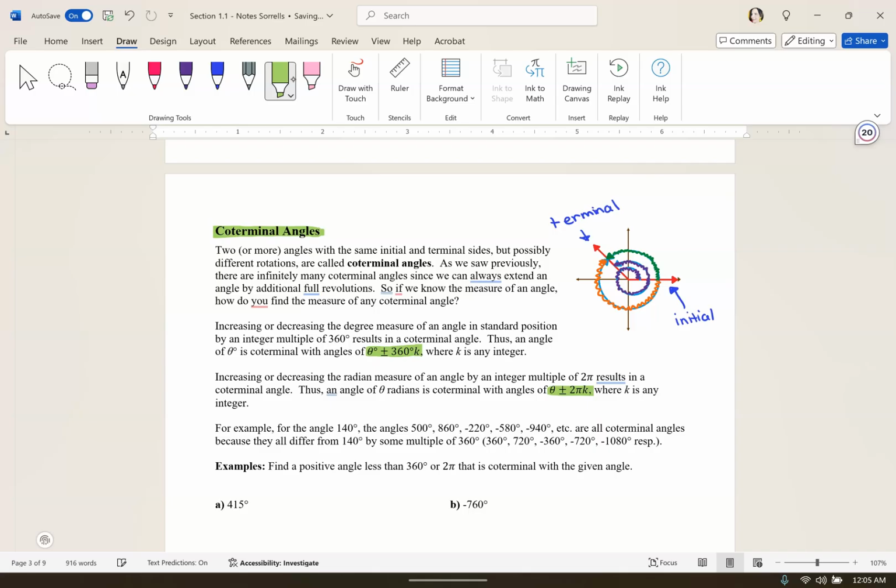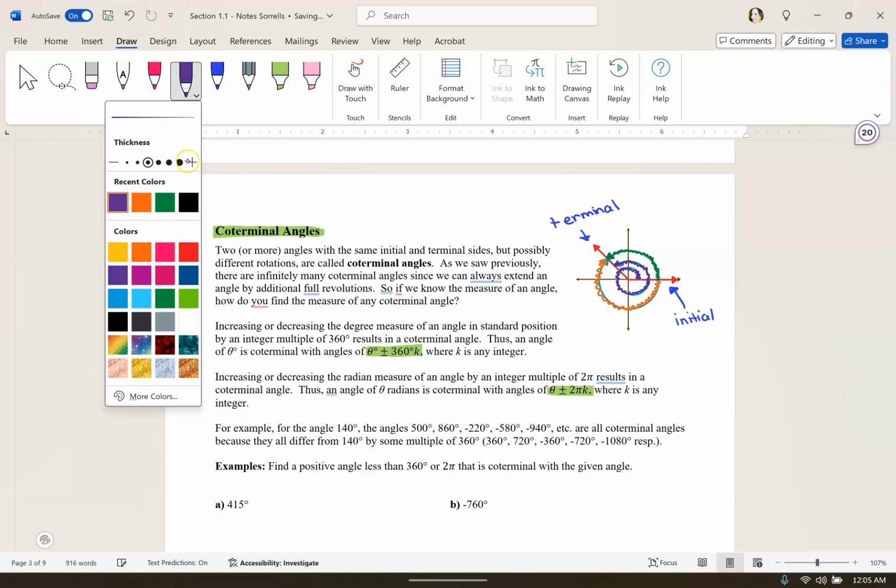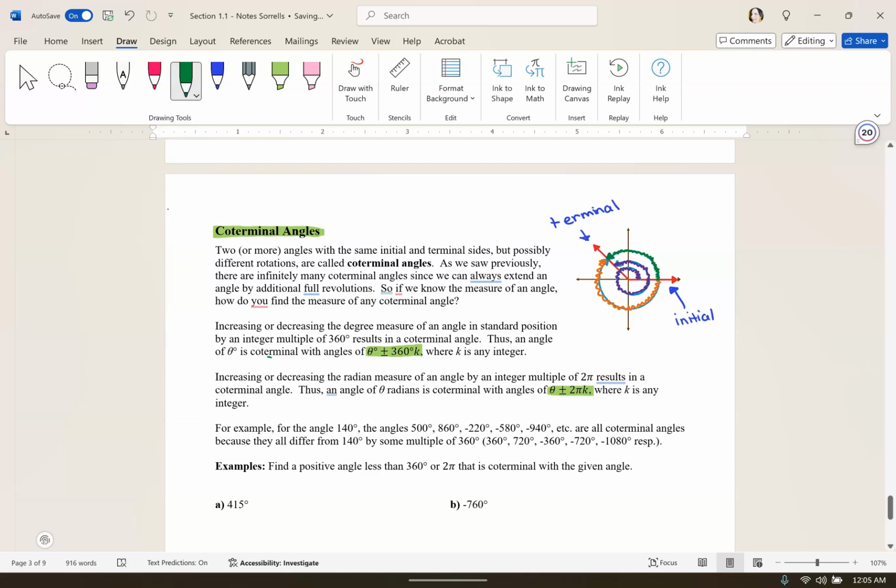For example, the angles 140, 500, 860, negative 220, negative 180, negative 940 are all coterminal angles because they are at the same exact spot, okay?